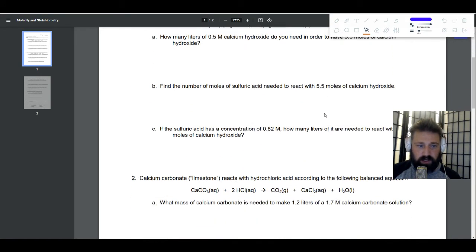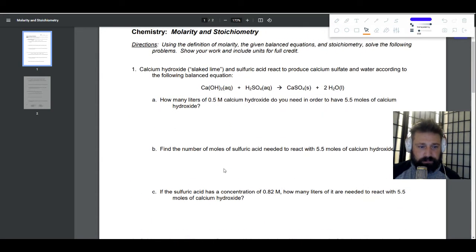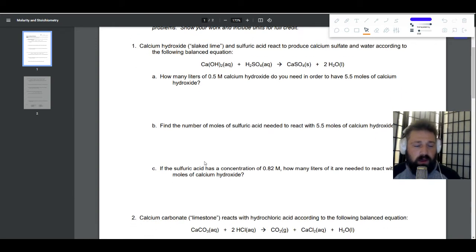So far, so good. Now comes the tricky part. If sulfuric acid has a concentration of 0.82 molar, how many liters of this are going to be needed to react with 5.5 moles of calcium hydroxide? How many liters are we going to need?